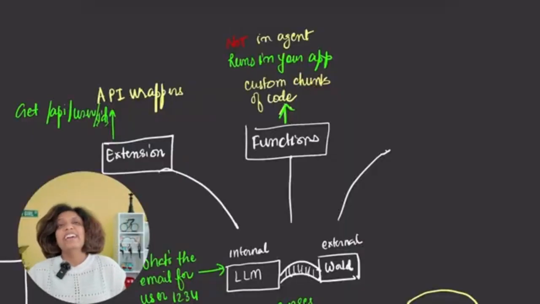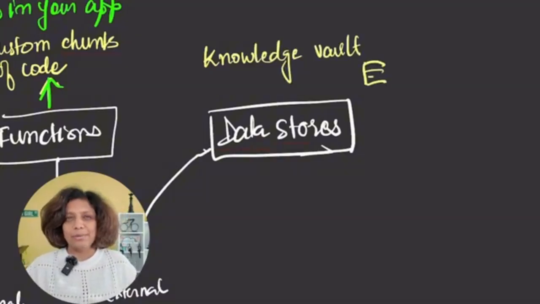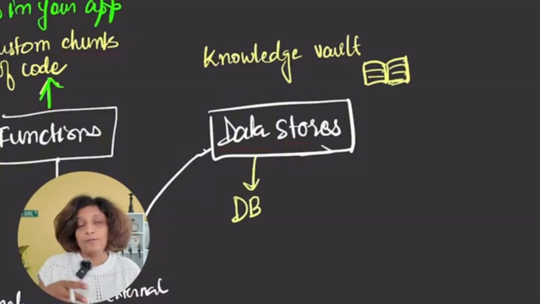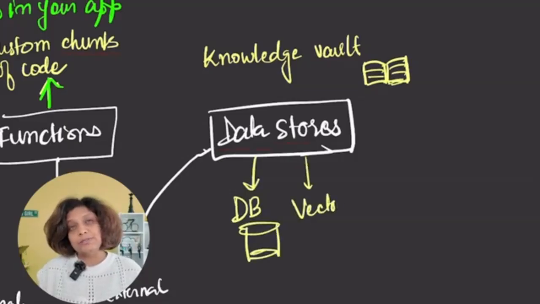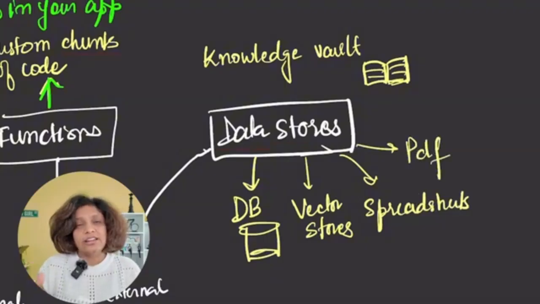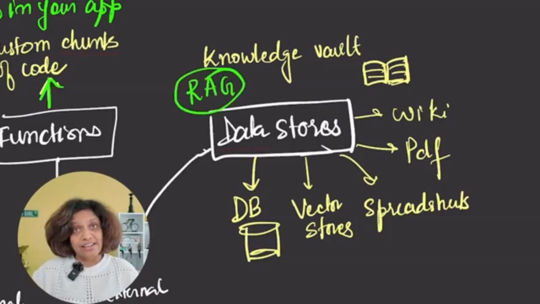Now, the third tool is data stores. Think of this as your agent's knowledge vault and memory system. You connect your agent to databases, vector stores, spreadsheets, PDFs, internal wikis, any existing data sources that your organization has. This enables retrieval augmented generation, or RAG. The agent can pull back exactly the information that it needs to stay accurate and current.